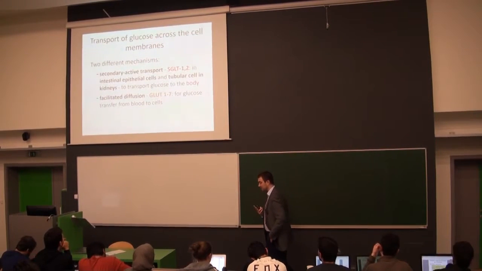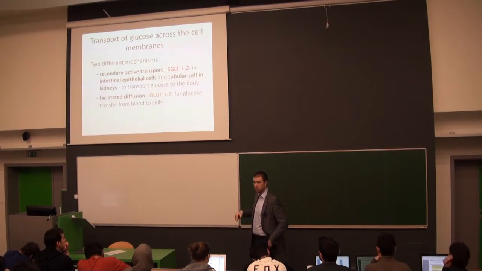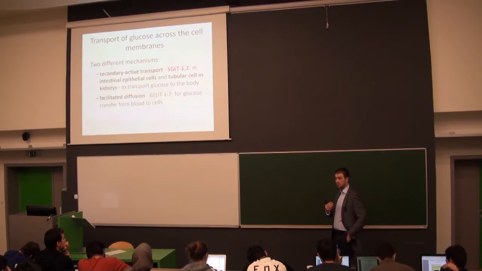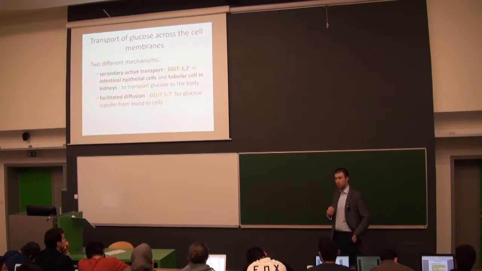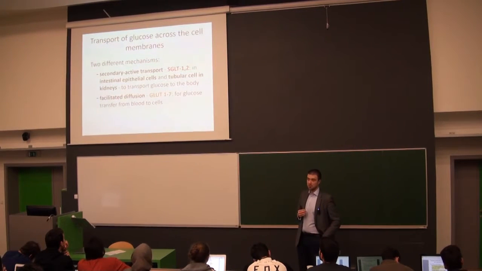Two basic examples. Our GI tract is a very, very long tube. If you want to transfer, for example, glucose from it, you must have some active transport. You must give energy to it. Therefore, sodium glucose transporter type 1 is typically found inside the intestinal epithelial cells, that means in enterocytes.